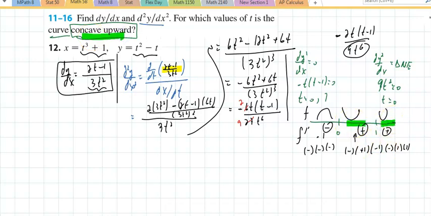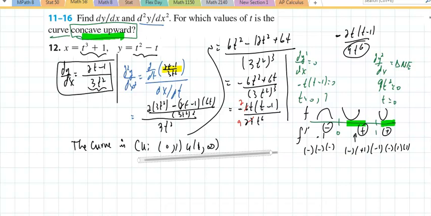And you would say the curve is concaving up from 0 to 1 union with 1 to infinity. And there it is. I'm going to do a few more problems.